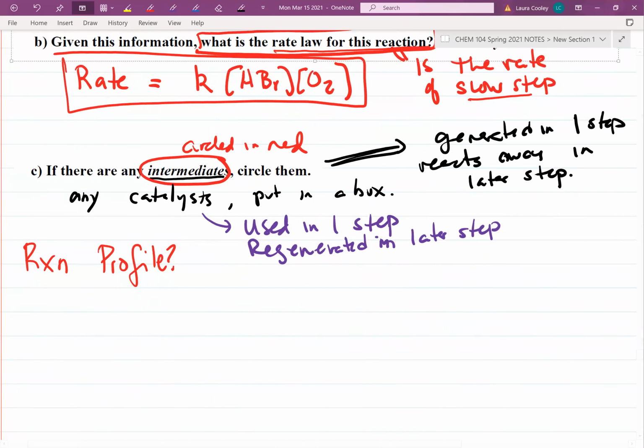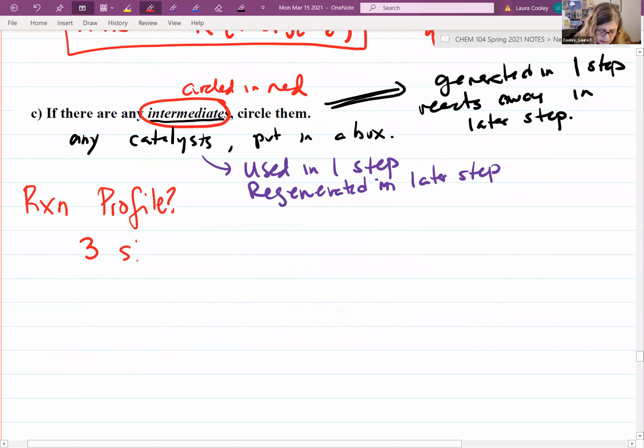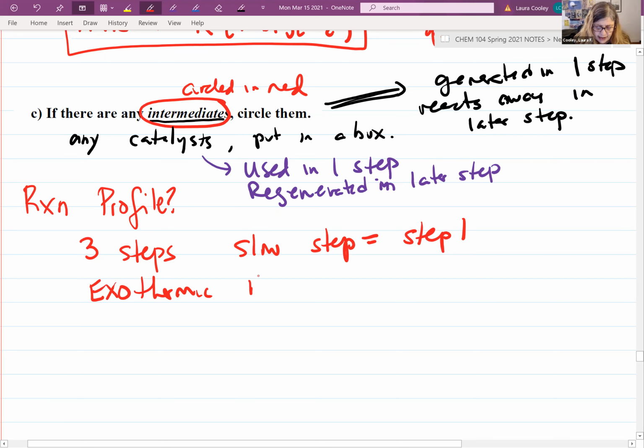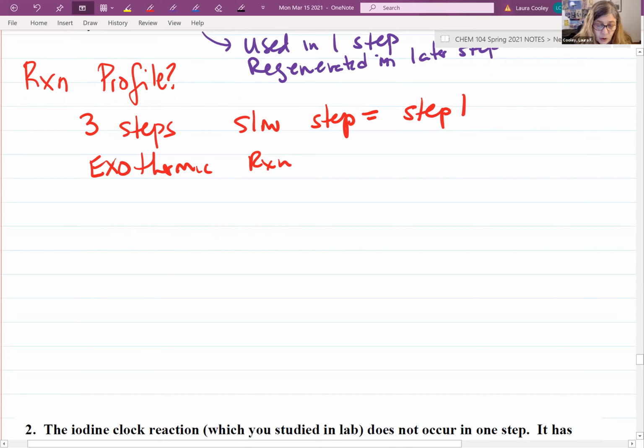Okay, so we have this reaction. We have 3 steps. The slow step is step 1. And I'm telling you that this is an exothermic reaction. So if you were going to draw the reaction profile, what would it look like? So you would start, you say, okay, it's exothermic. Of course, you don't know these numbers of these activation energies.